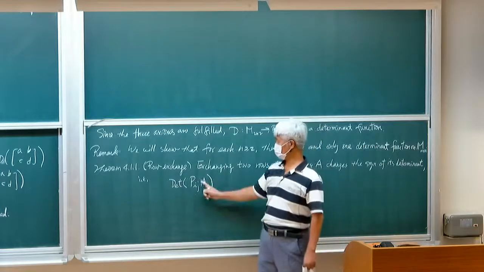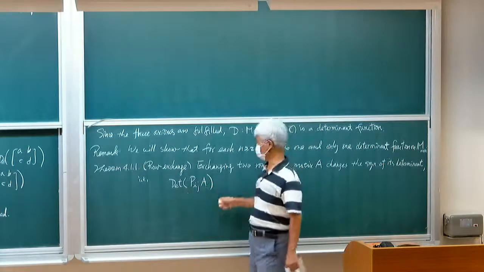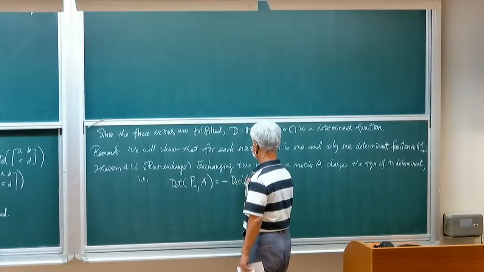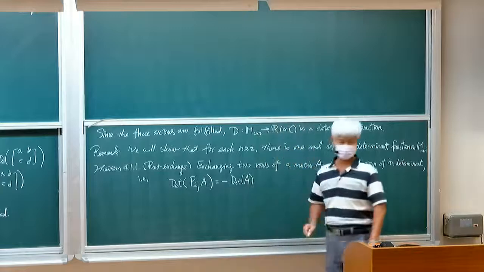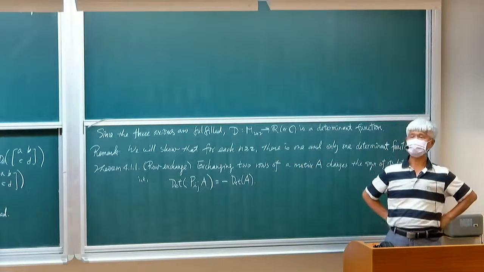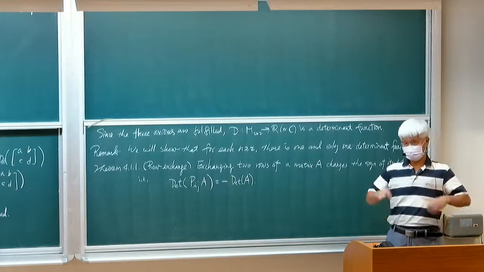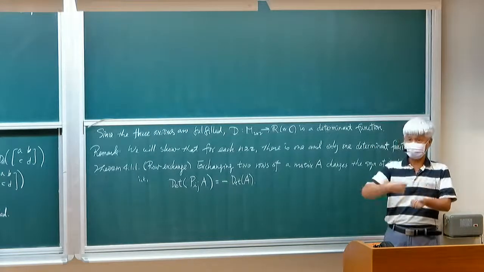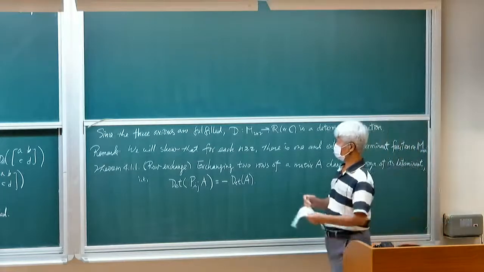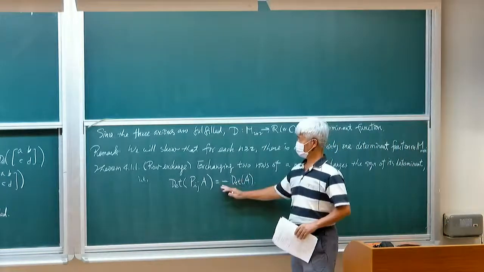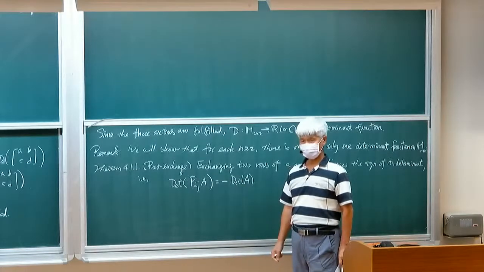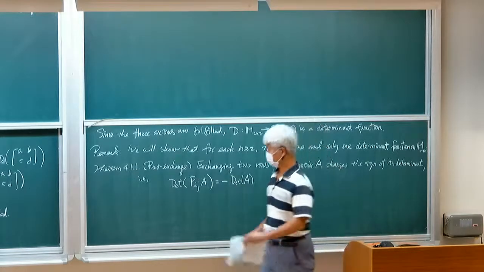And this new matrix has a determinant value which is equal to minus the determinant of A. So when you exchange two rows of a matrix, then the determinant value will change sign. Okay. So this is a property of a determinant function.